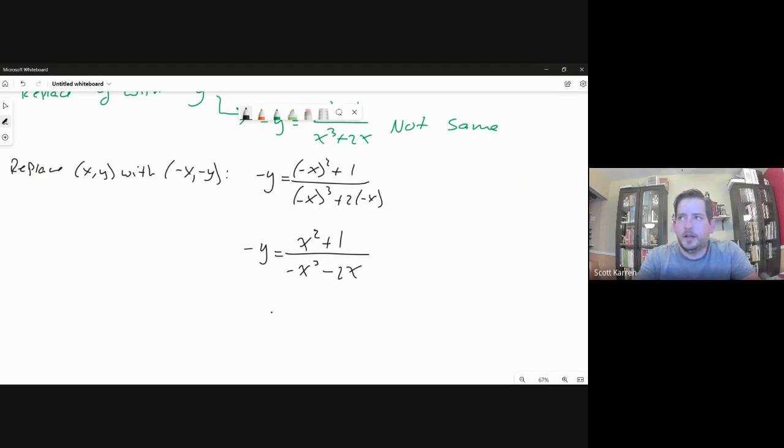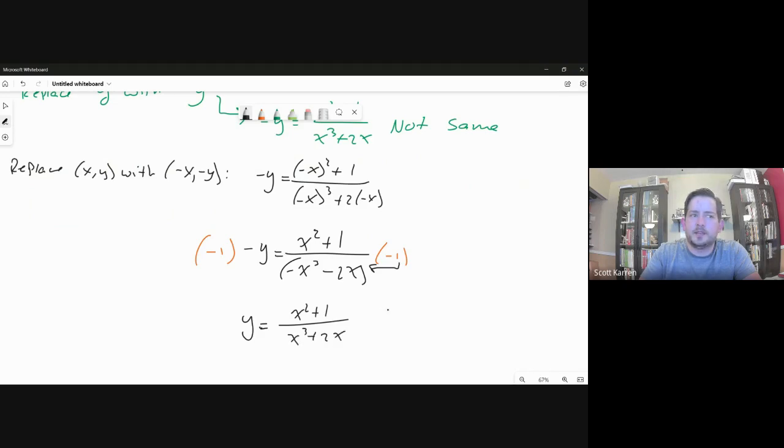It might not be the easiest thing to see right here, but if I multiply both sides by negative 1, just to get the y back to a positive y, that does give me a positive y. But this negative 1, I can multiply into the denominator instead of the numerator. And so this gives me x squared plus 1, but that negative gets distributed through the denominator, and that becomes x to the third plus 2x. And this is the same thing that we started with. And since it's the same, this is symmetric about the origin.